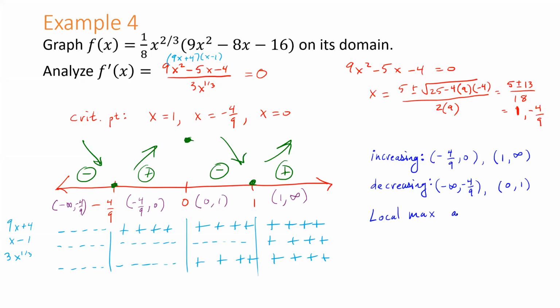So we have a local max at x equals 0, and we have a local min at x equals negative 4/9 and x equals 1. So just from that sign chart here, we've gathered all this information that we can use in our graph.